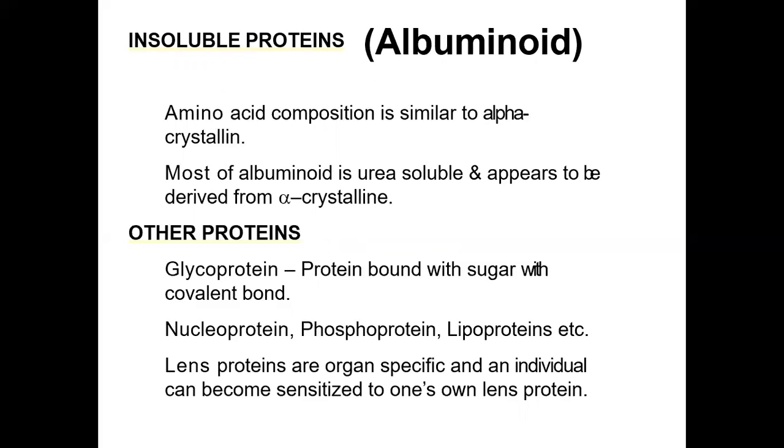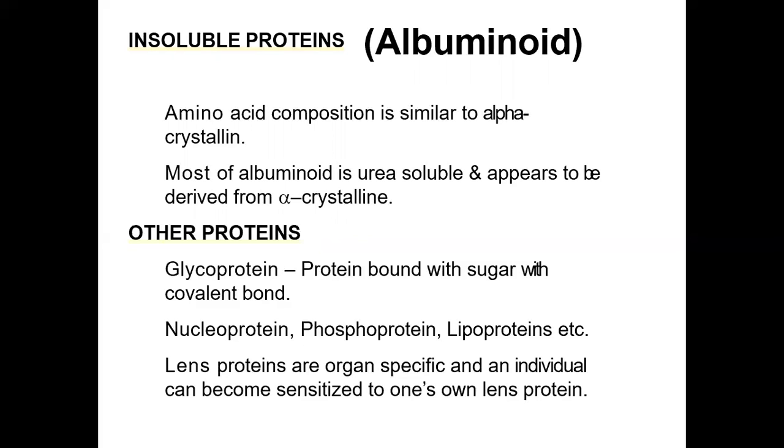So what you can see here is that albuminoid is basically urea soluble and appears to be derived from the alpha crystalline protein. Other proteins like glycoprotein, the protein bound with sugar by a covalent bond, are called glycoprotein. Nucleoprotein, phosphoprotein, lipoprotein, etc.